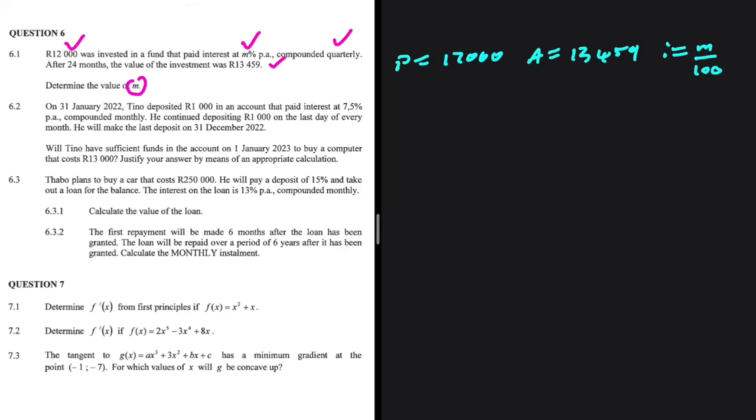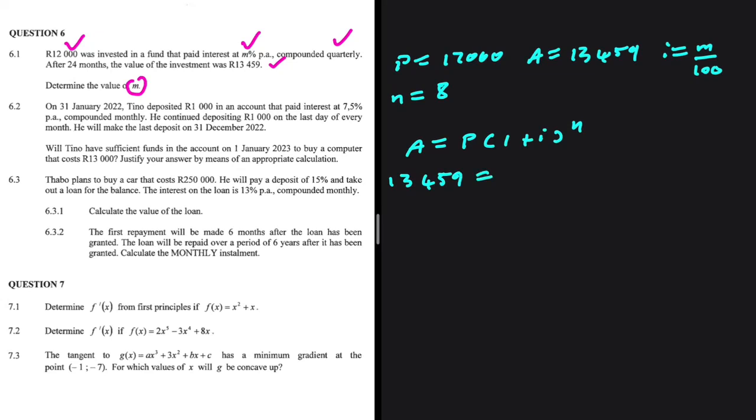After 24 months, the value of the investment was 13,459. So how many quarters do you have in 24 months? N is equals to 8. We're going to have the accumulated amount being equals to the principal amount multiplied by 1 plus I, everything to the power N. The accumulated amount is 13,459.